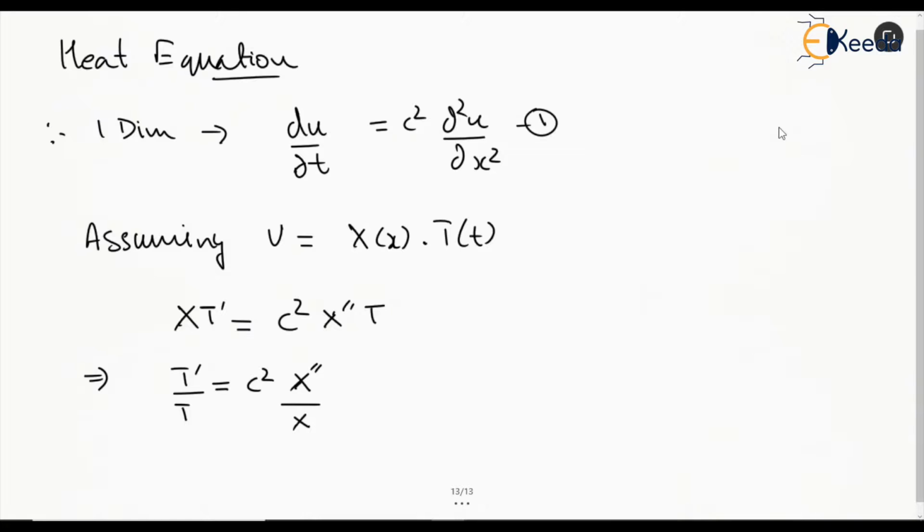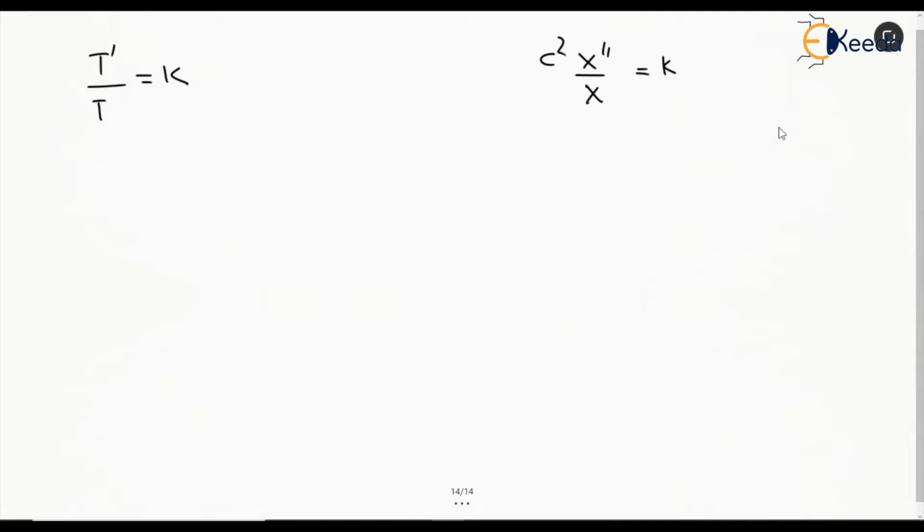Now these two can be related only by a proportionality constant. So let's say it is k. We have already seen this case, why we are putting k here. Then on one side, this is going to be T'/T = k, whereas the other is going to be c² X''/X = k.